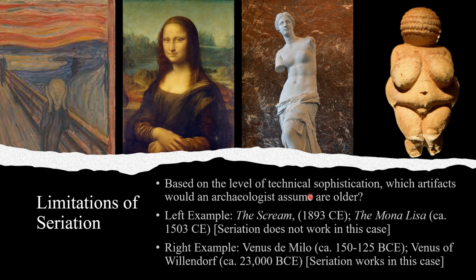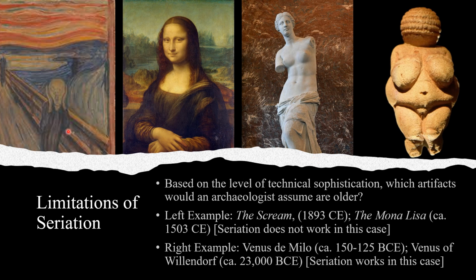On the left is the Venus de Milo, which was sculpted around roughly 150 to 125 BCE. Further to the right, we see the Venus of Willendorf, sculpted roughly 23,000 BCE. In this case, seriation works because the more technically sophisticated artifact is much more recent.